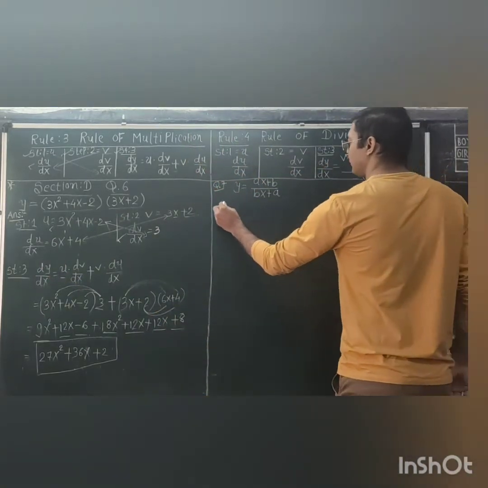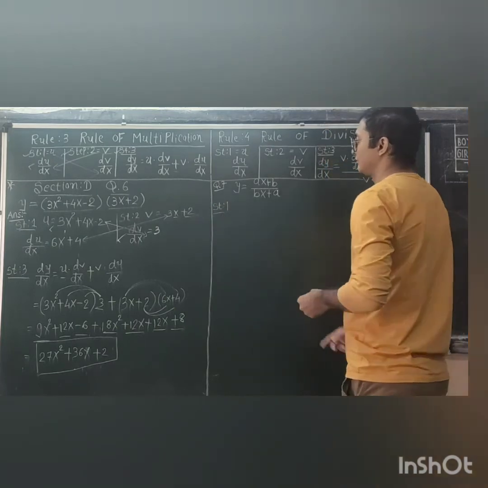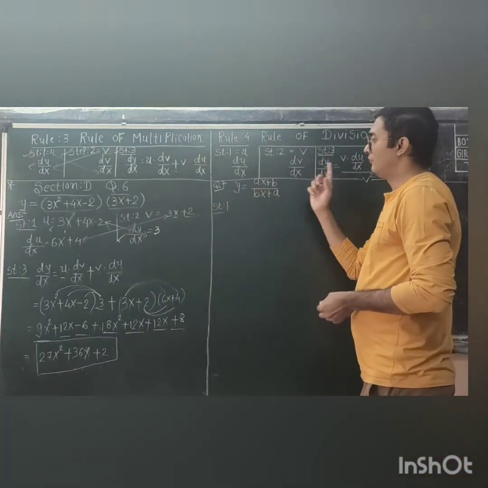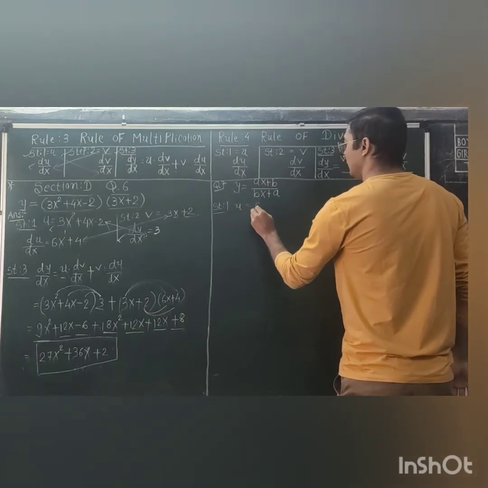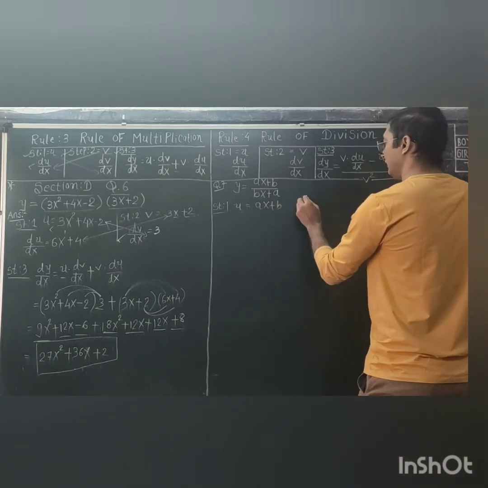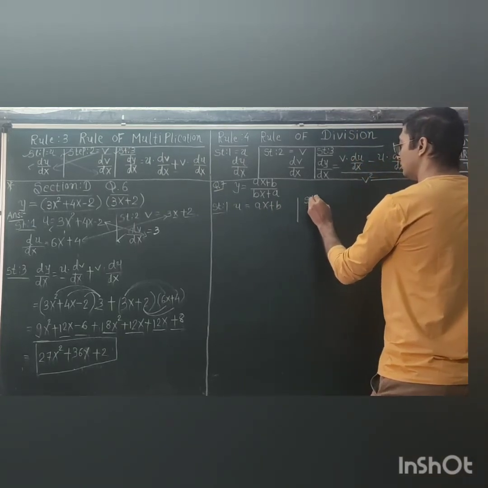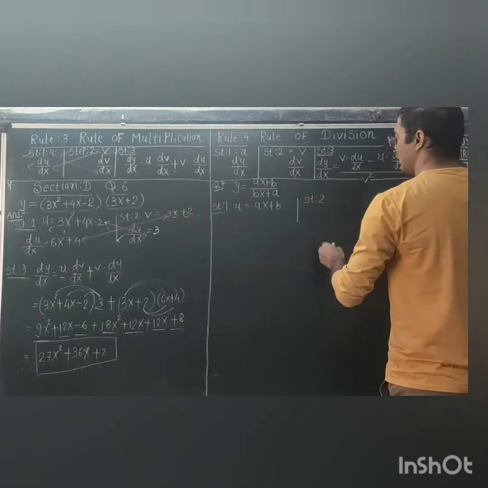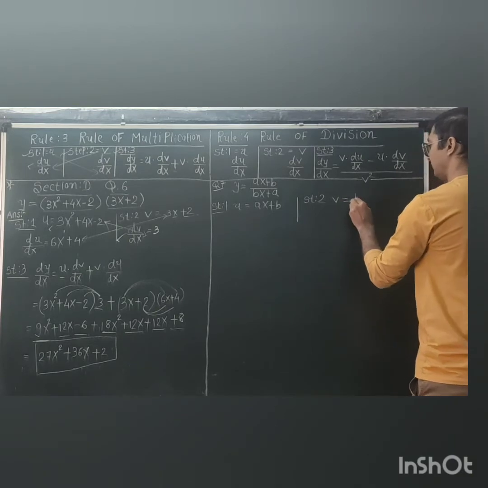First of all, step number 1. The first function that we call u is equal to ax plus b. While step number 2 is v equals bx plus a.